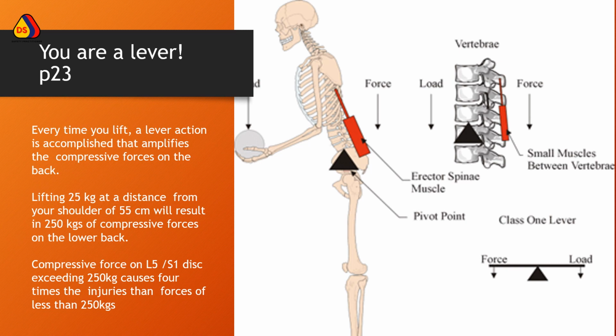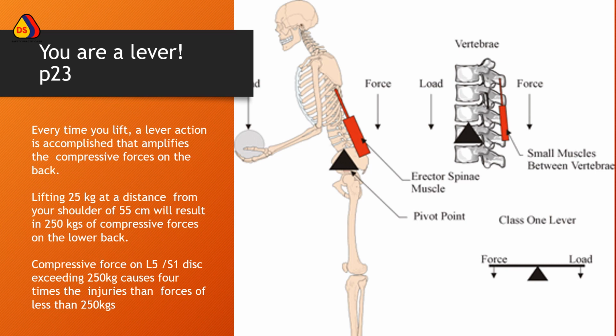When you lift an object, the farther it is from the pivot point, in this case your lower back, the greater the force required. The 25 kg weight multiplied by the 55 centimeter distance from the shoulder results in a torque of 13.75 kilogram-meters. This torque is then converted into compressive forces on the lower back.